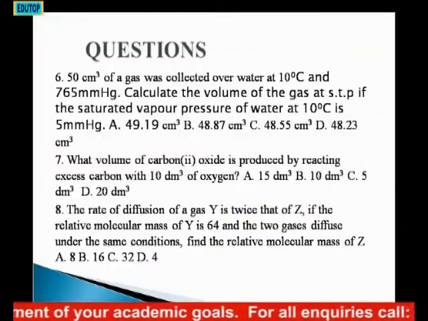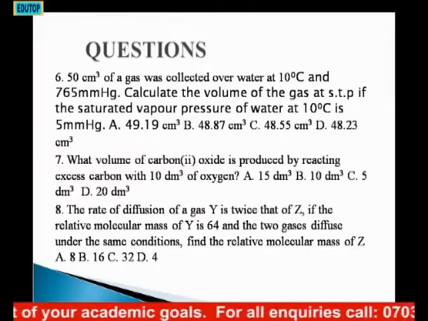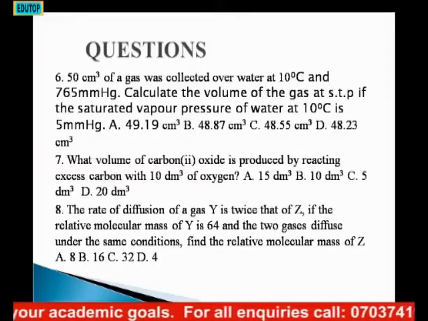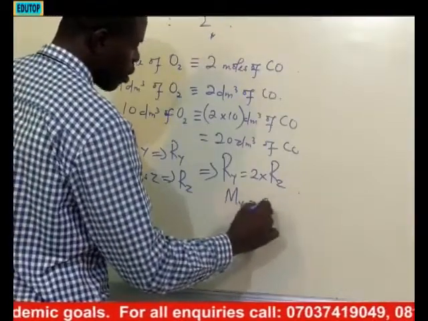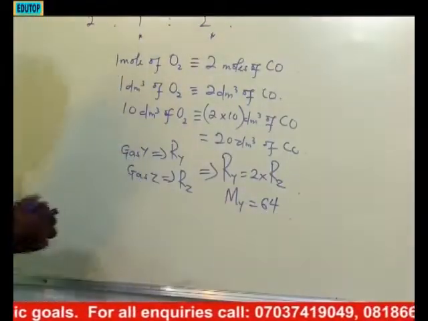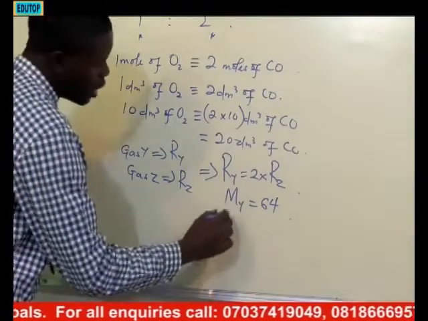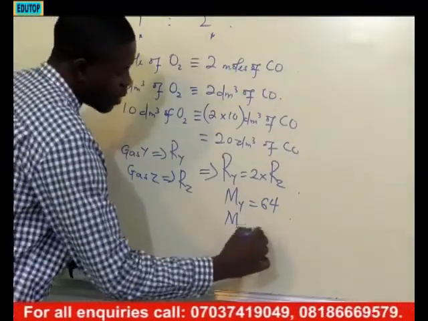Now, in this situation, the relative molecular mass of Y is 64, they gave us. Then let's talk about the relative molecular mass of Z.